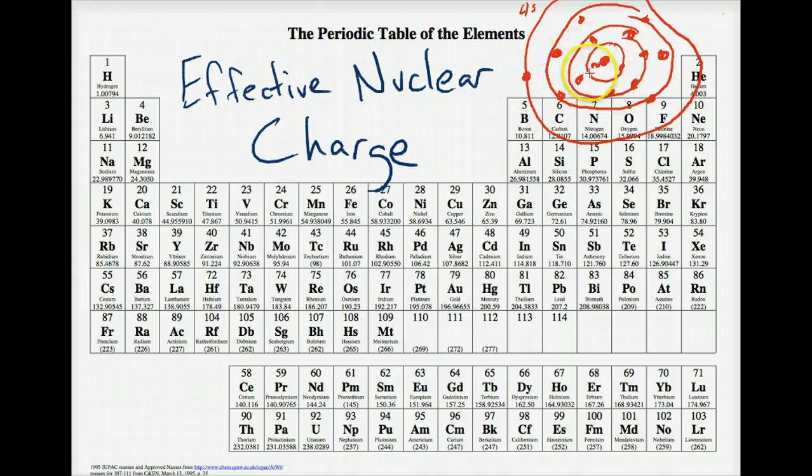This itsy bitsy electron in the exterior is not as attracted to the nucleus. We'll do the nucleus in blue. When I'm isolating to look at this electron and the nucleus, and I'm looking at the attraction difference, it's definitely not as strong as the attraction of the inner electrons to the nucleus.